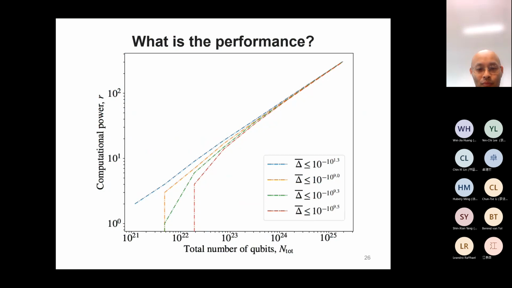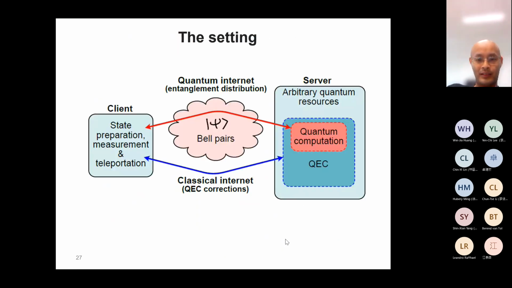So with that, oh yes, this concludes my talk today. I'm happy to discuss more, but I conclude with this setting in which we are imagining that the client can do very limited stuff, and basically there are lots of resources, like factories of Bell states that you can send to the client and the server.